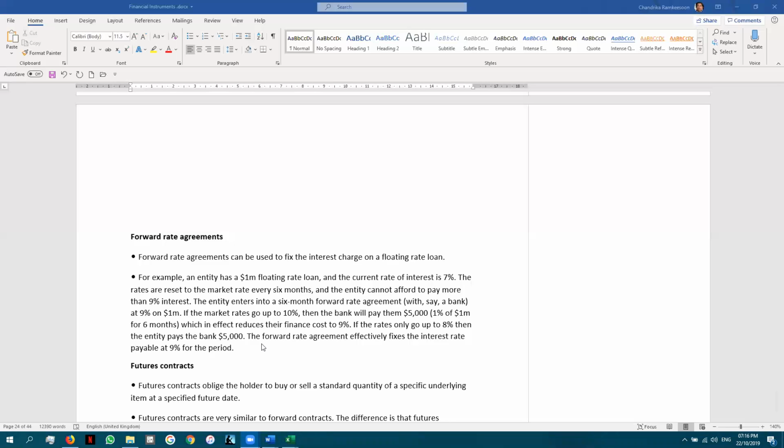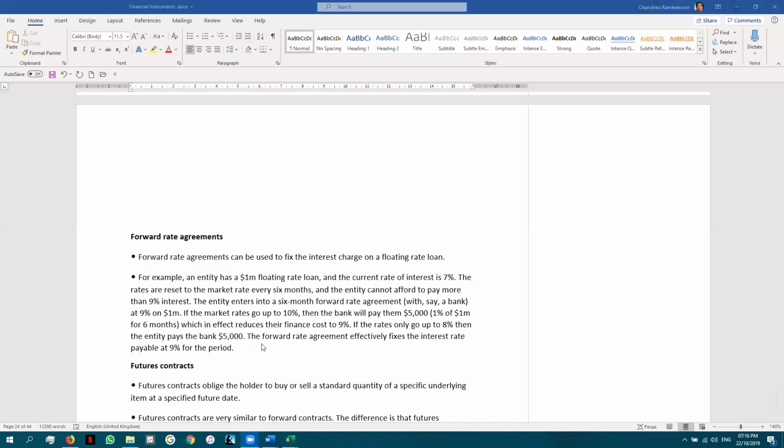The problem is if the entity has a 5-year floating rate loan, where the loan interest rate may be rolled over every 6 months, meaning the interest rates may be adjusted every 6 months according to how interest rates in general change.